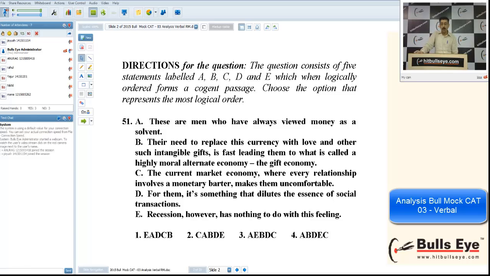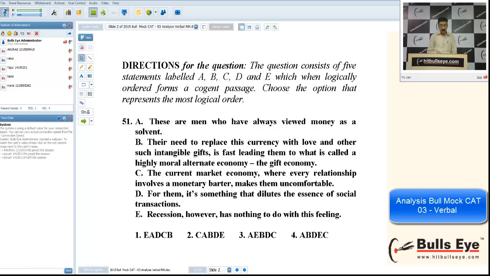Viewed, the keyword here is viewed. If I read all the sentences, it means they have a certain angle to look at this particular commodity, that is money. So we are talking about the feelings of this particular group of people, the men. So I think E should come before A. Mansi, am I clear why E should come before?